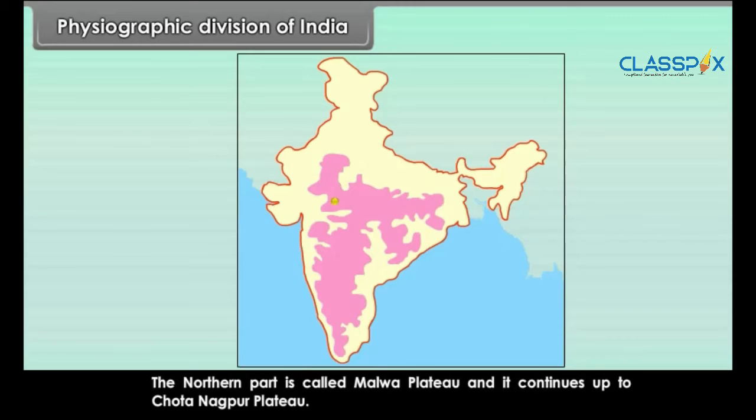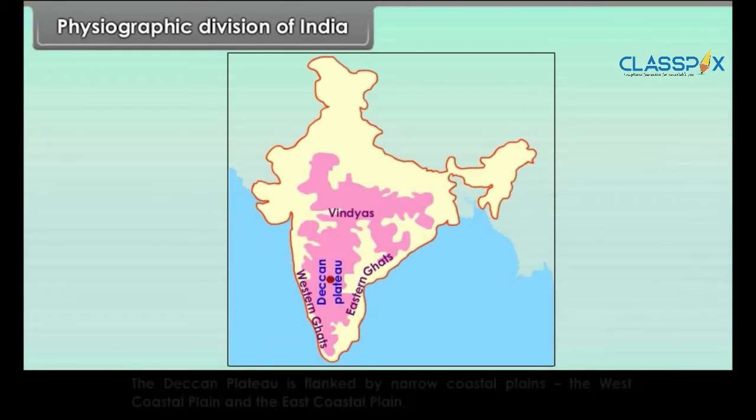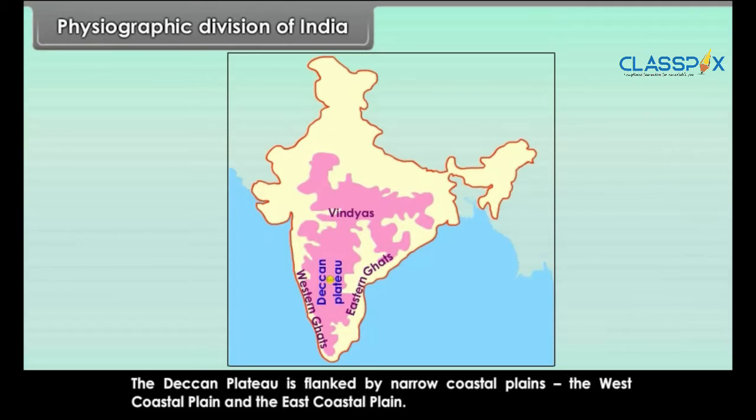The northern part is called Malwa Plateau and it continues up to Chota Nagpur Plateau. The Deccan Plateau lies to the south of the Vindhyas and is bound by the Eastern Ghats and the Western Ghats. The Deccan Plateau is flanked by narrow coastal plains, the West Coastal Plain and the East Coastal Plain.